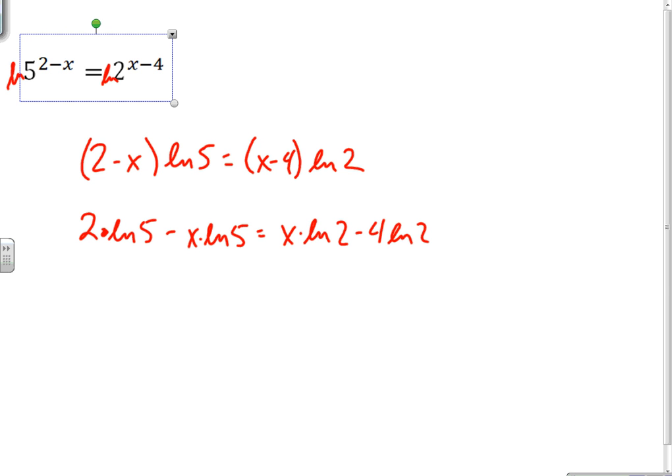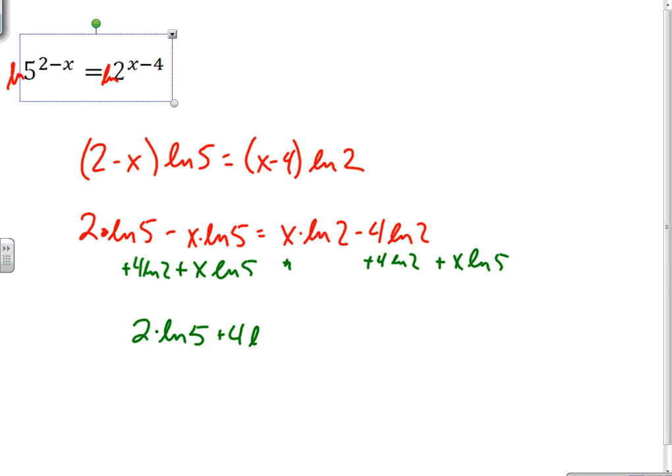Now I'm going to move all the x's to the right-hand side since I've got this negative x term here. So I'm going to add x natural log of 5 to both sides, and then I'm going to subtract, move this to the other side. So on the right side, or I guess the constant side, I get 2 natural log of 5 plus 4 natural log of 2, and then on the variable side, I get x times natural log of 2 plus x natural log of 5.